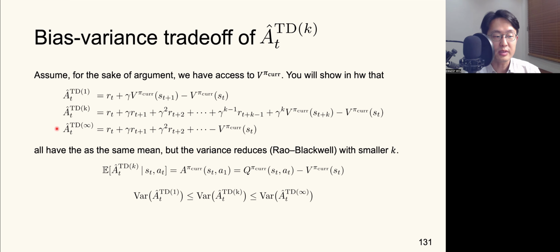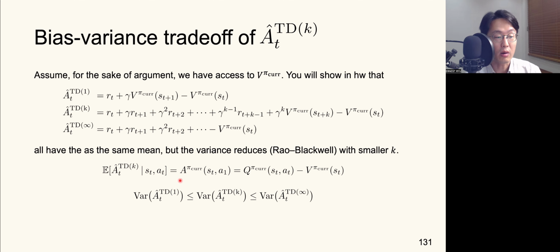And the different variances can be explained by the Rao-Blackwell theorem. So as k becomes smaller, you have a smaller variance. To restate the claim, for all of these TDK, for k starting at 0 and going up to infinity, if you take the conditional expectation with respect to the current state and the current action, you get the advantage function on the current state and the current action.